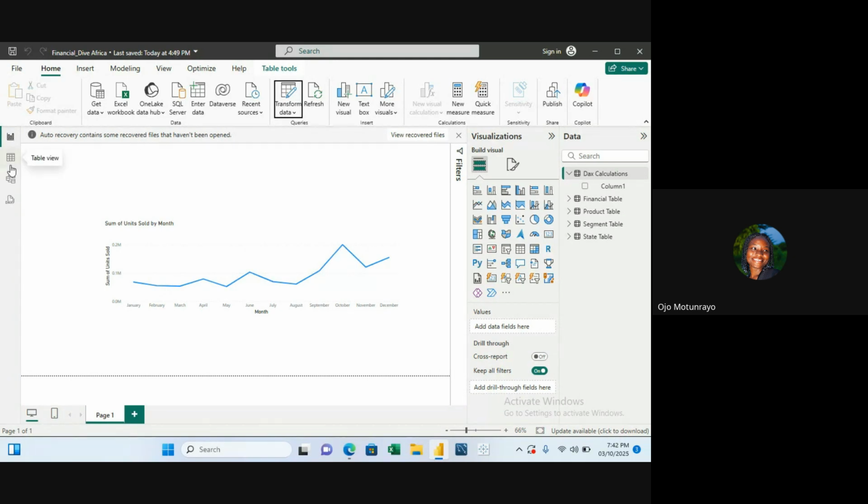So I've created and closed and applied rather. So now let's write our DAX calculation. Let's click on our DAX.